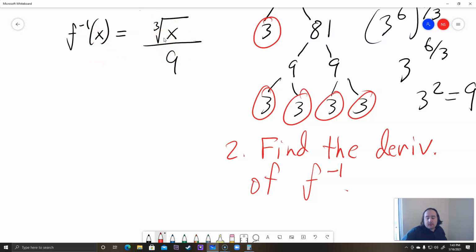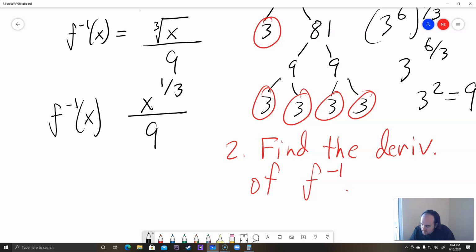Now once again, remember that a cube root is the same as an exponent of 1/3. So I'm going to go ahead and write this as x to the 1/3 power, just to make it easier to take the derivative. So on the top we have x to the 1/3, and then on the bottom we have 9 for our f inverse of x.